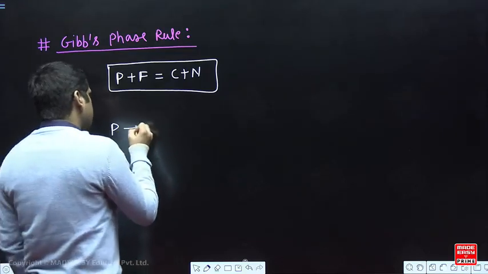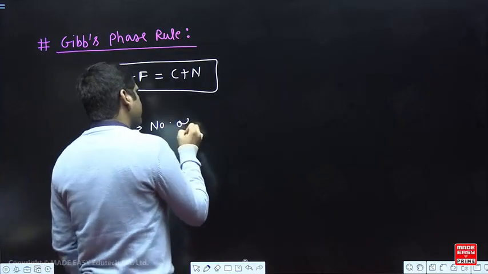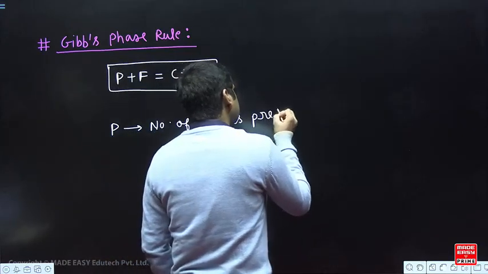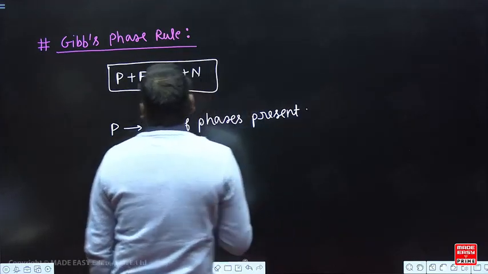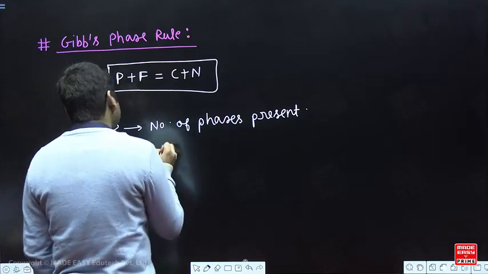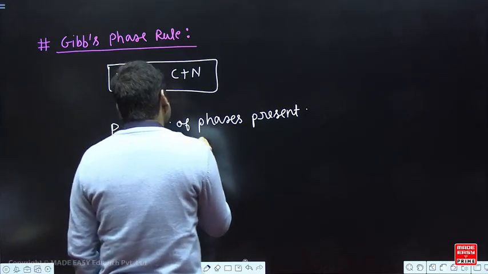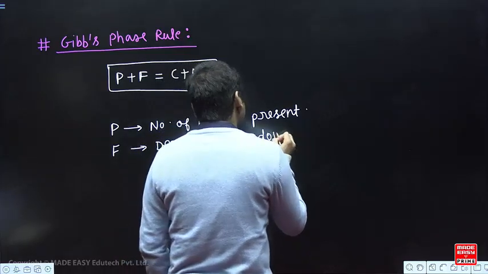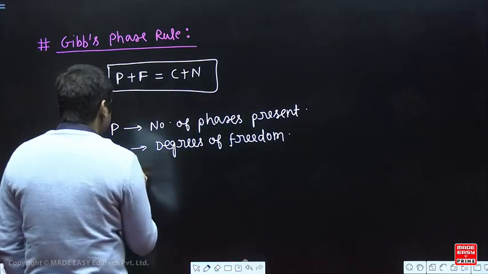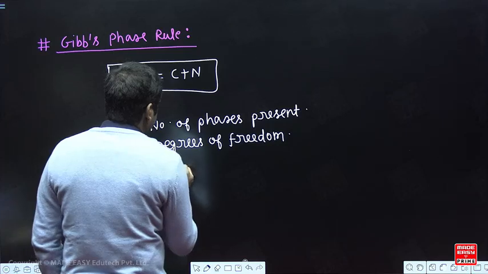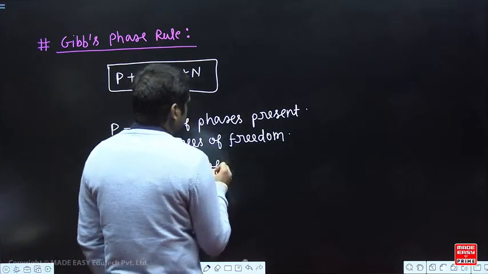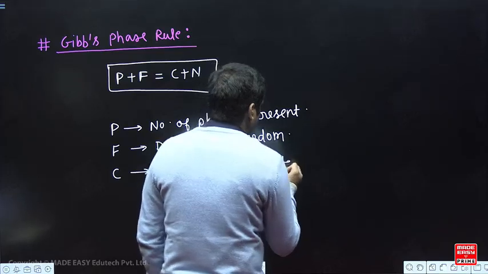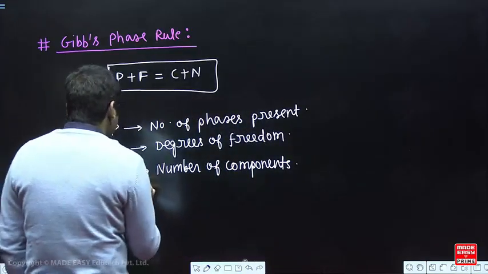P is the number of phases present, F is degrees of freedom, C is the number of components, and N is the system variable.